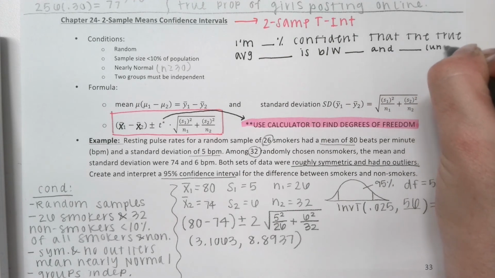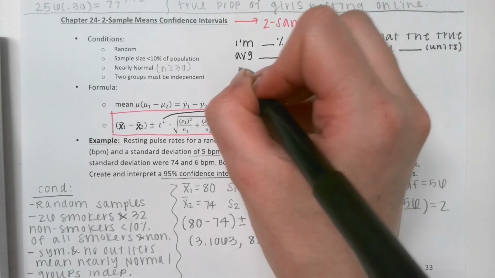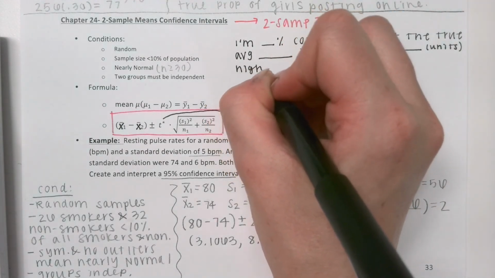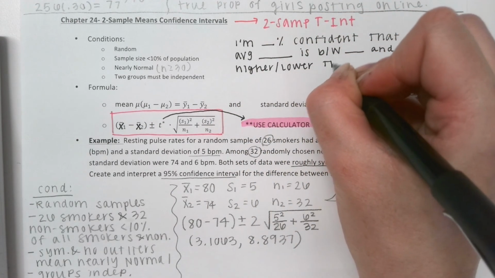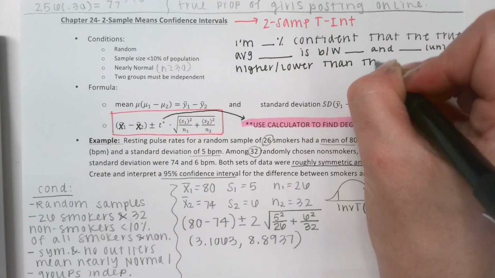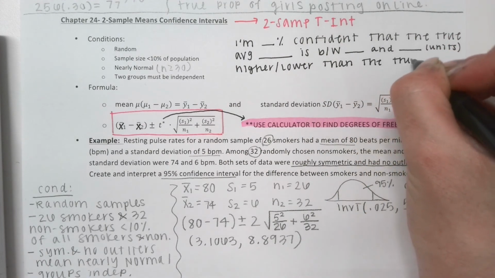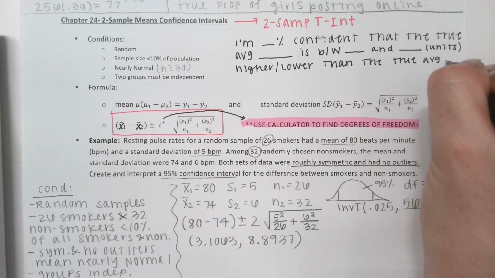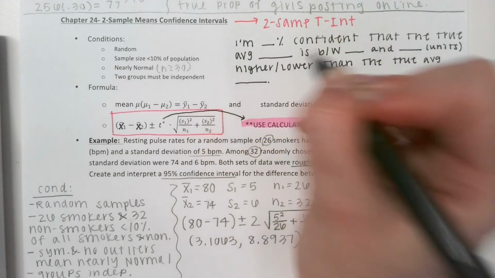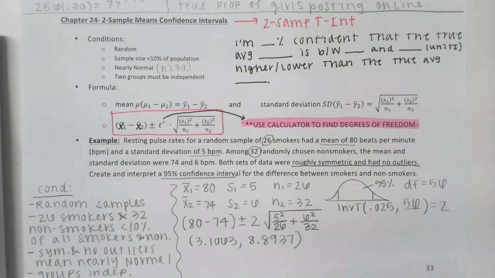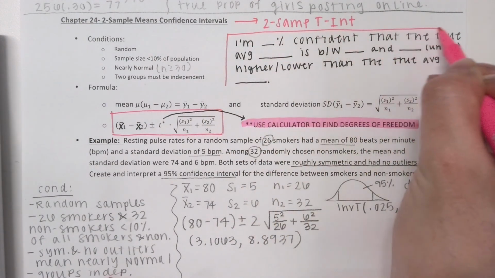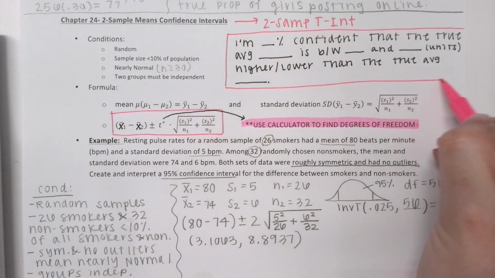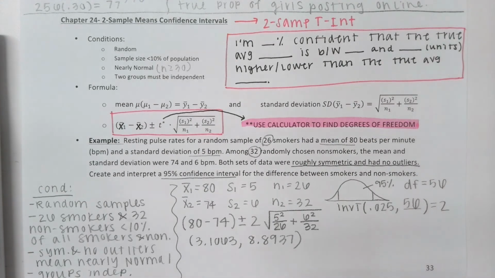Make sure you're talking about units here. Higher or lower than the true average blank, which would be your second group. Again, I would definitely write down that template. It's going to be very helpful to have these templates memorized.